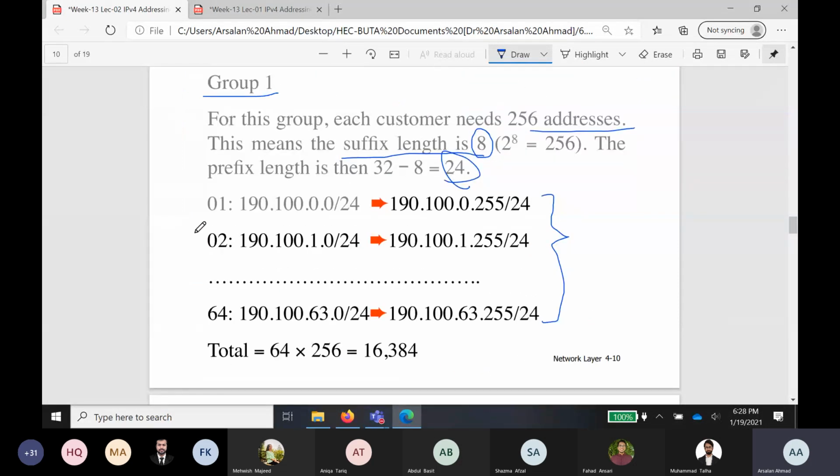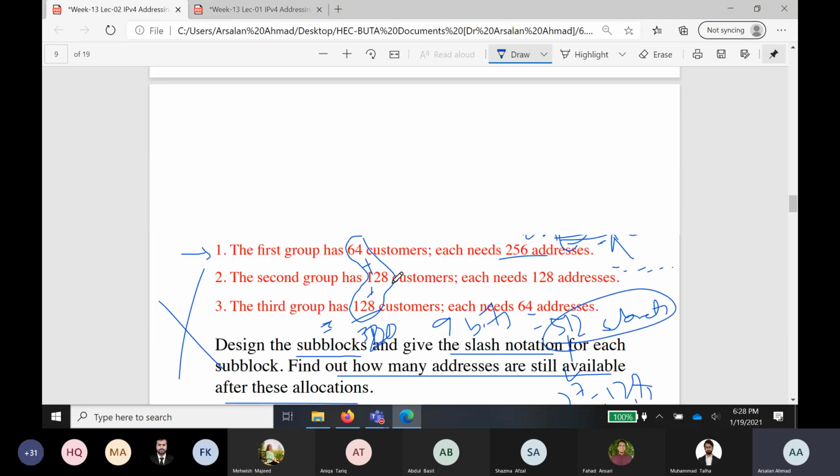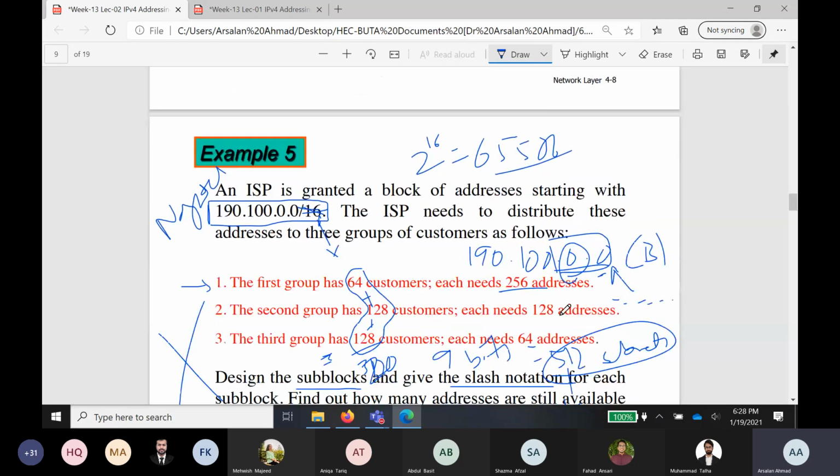So we have assigned addresses to group 1. Now let's move to group 2. Group 2 is 128 customers, each requiring 128 addresses. Again, we will approach the problem in the classless, CIDRized way, which is to calculate the number of suffix bits required.